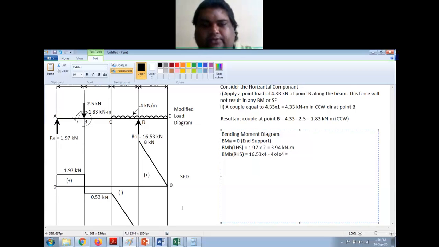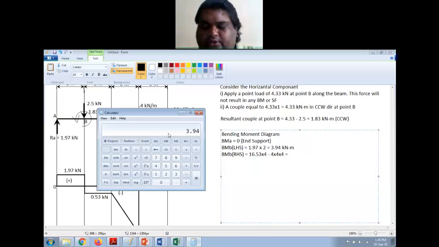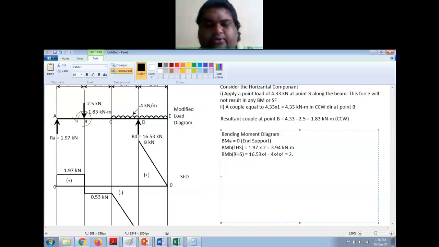That is equal to 16.53 into 4 minus 4 into 4 into 4, 2.12 kilonewton meter, right? So it has decreased from this value to this value, and if you want you can check this also.